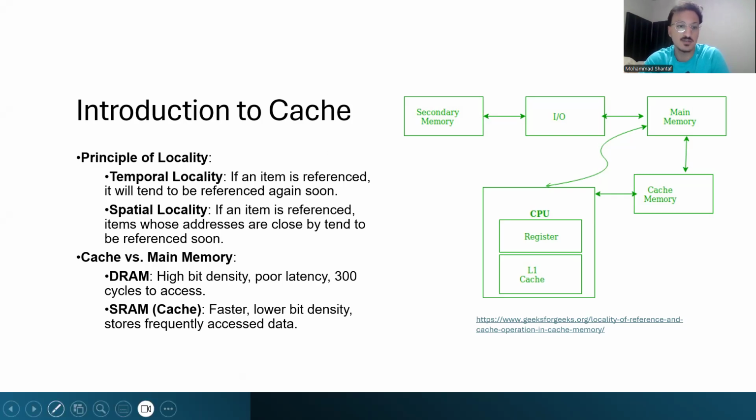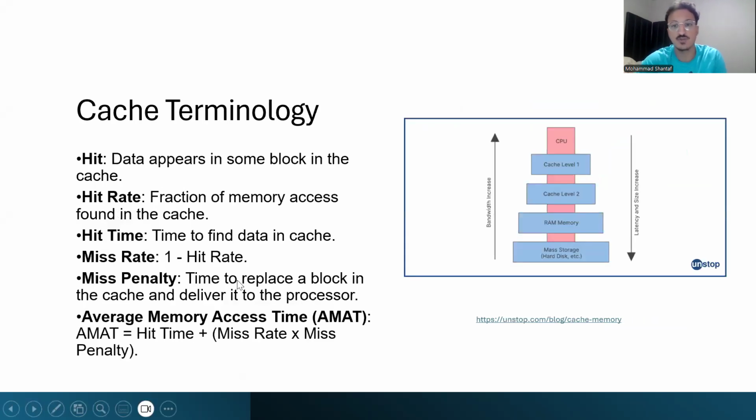Next, we'll be talking about cache terminology. There's hit rate, hit time, miss rate, miss penalty, and also average memory access time. So what is a hit? A hit is when data appears in some block in the cache. A hit rate is the fraction of memory accesses found in the cache.